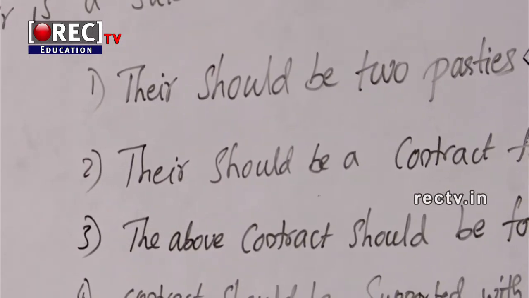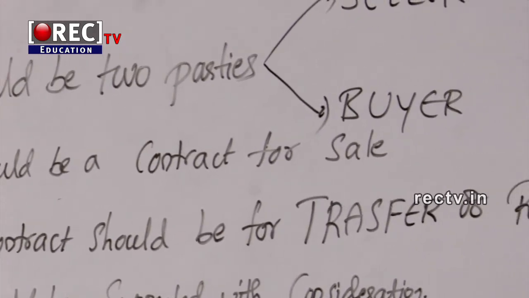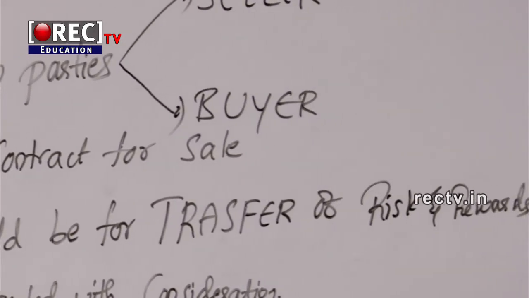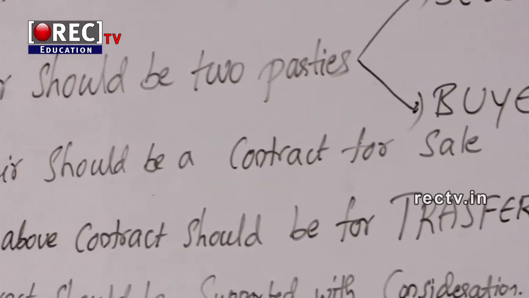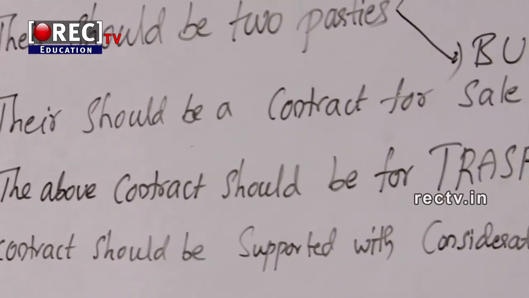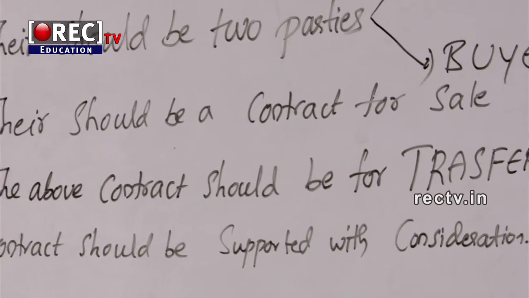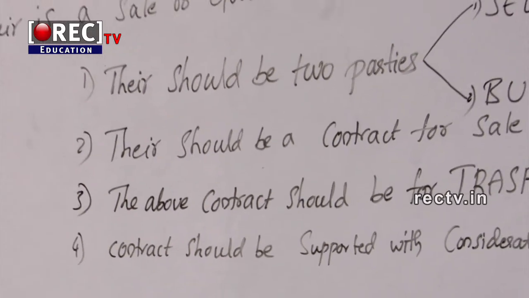The contract should be for transfer of risk and rewards to the buyer, and the contract should be supported with a consideration. If these four conditions are cumulatively met, then we can say there is a sale.